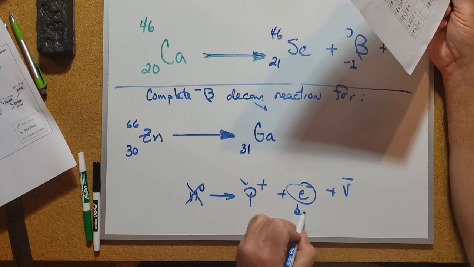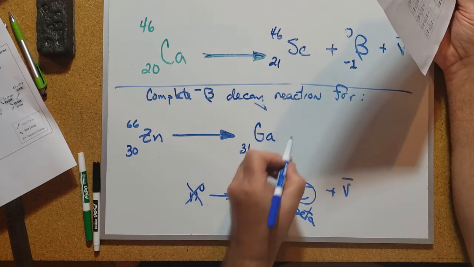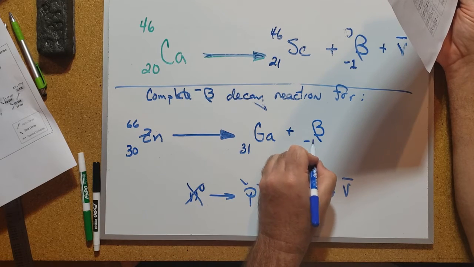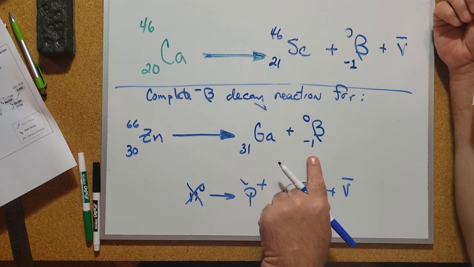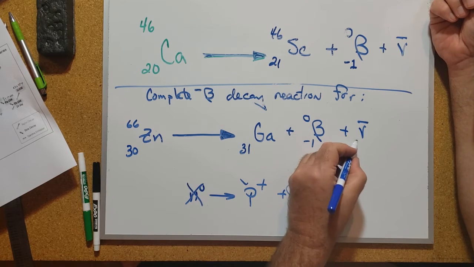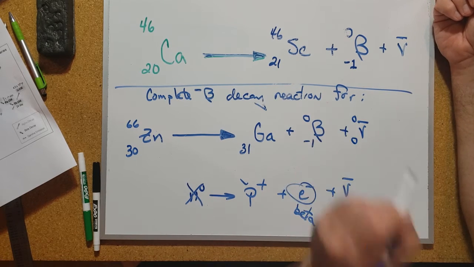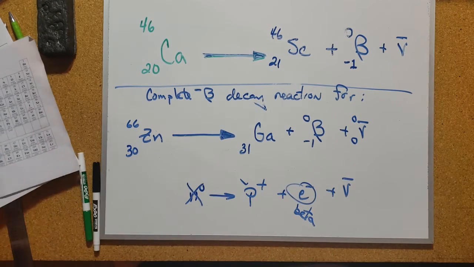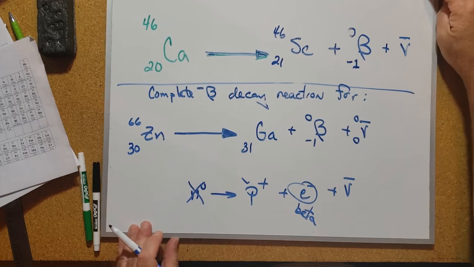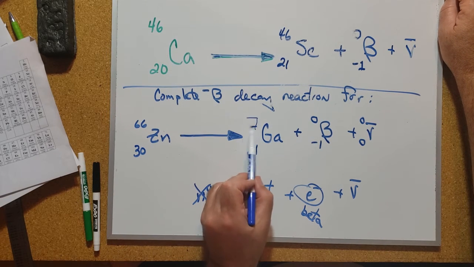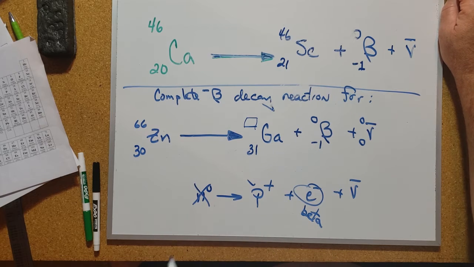This is my beta particle, which is really just an electron. I write that into my equation this way. Beta is always going to be that. Plus my antineutrino. Now this has no charge and no mass, so there's a 0 and a 0 there if you want to keep track of the numbers. The only other bit I have to concern myself with is, what is the mass number of this daughter nucleus?